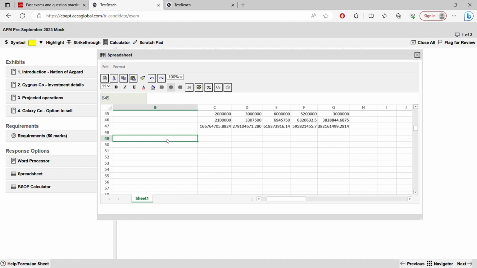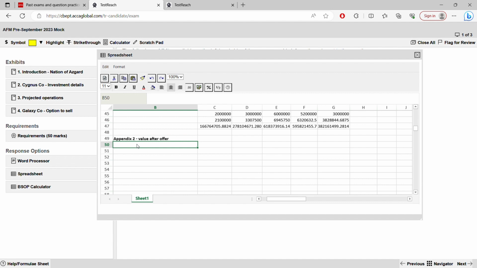Now it's appendix 2. You have to label it. Appendix 2 is value of the project, value after offer. You have to write it in full, okay, after Galaxy company's offer.